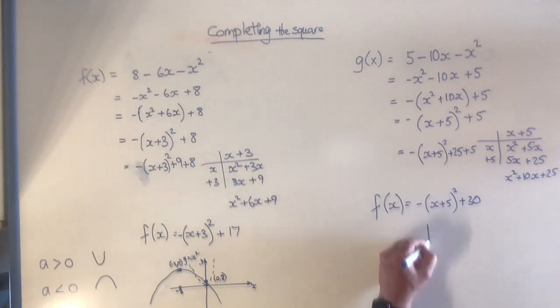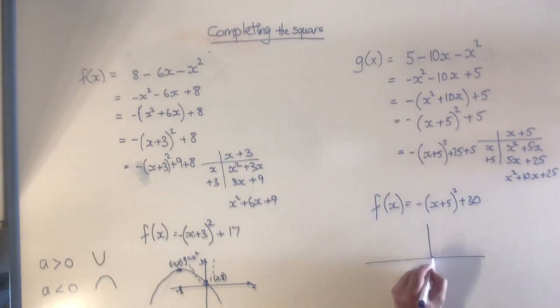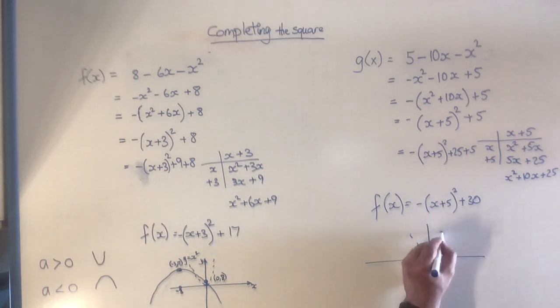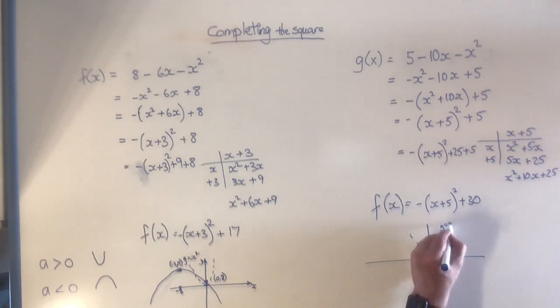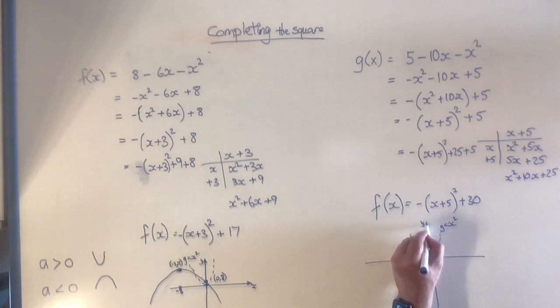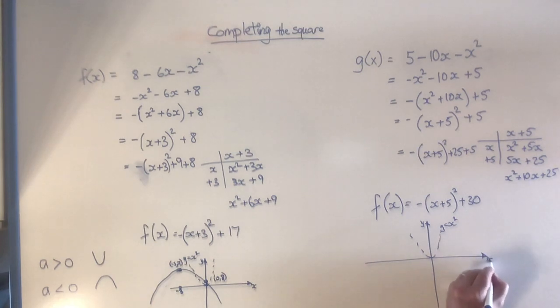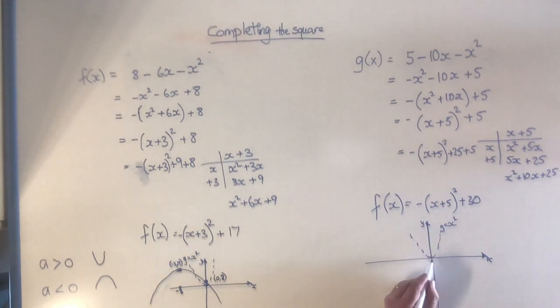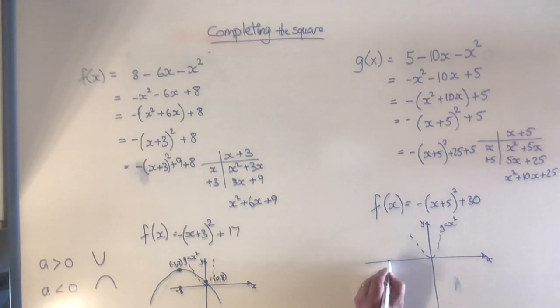Okay, and again we can sketch it. So let's try and sketch it. Here's the basic graph. Label your axes. We've then got the negative outside tells us it's a sad face, so it gets flipped in the x-axis, so it's actually going to be like that. Now, the plus 5 means it's going to the left again, so this is minus 5 here.